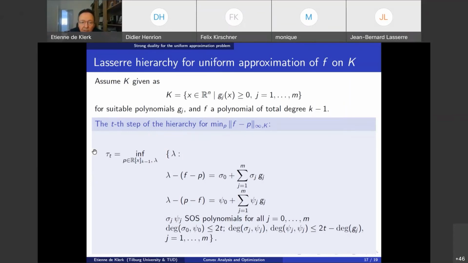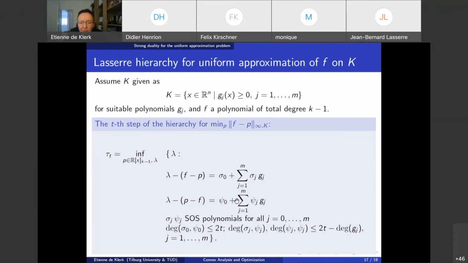And then this relaxation due to Lasserre is a hierarchy, and you will recognize our reformulation of the uniform approximation problem. The only thing is that we had this condition that the function on the left-hand side had to be non-negative.